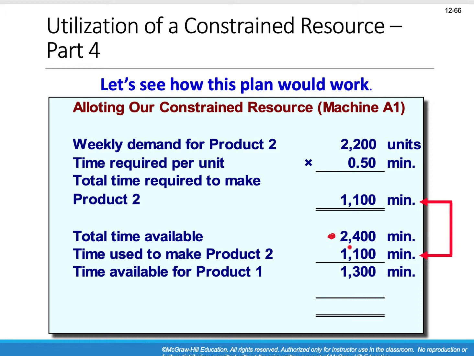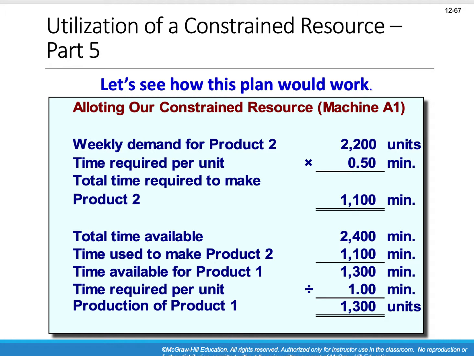I've already used 1,100 minutes to satisfy all of product 2's demand. So if I subtract the time I used to make product 2 from the total time available, I get 1,300 minutes left. Now I'm going to allocate this time to making product 1.